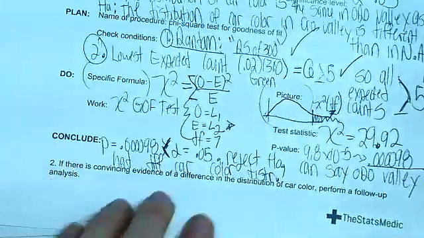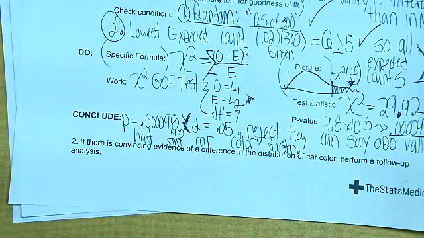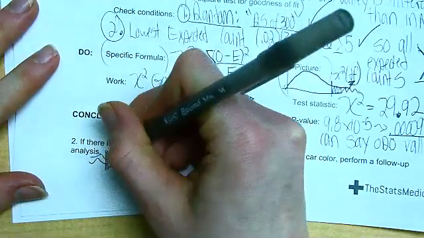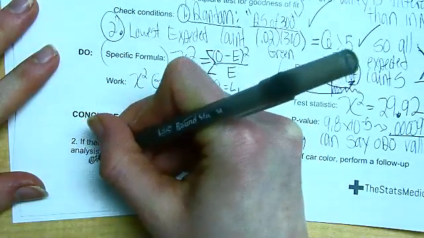And then this last question is asking you, is there convincing evidence of a difference in the distribution of car color, and if there is, perform a follow-up analysis. What this means is like, what had the biggest impact on us being able to reject the null hypothesis, right?